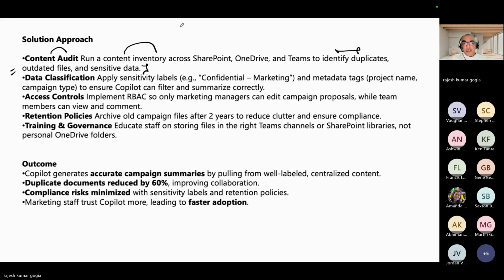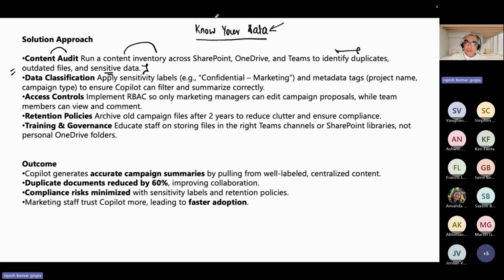Why? Because before we can go with classification, most importantly, we say know your data. It is not a simple term. It carries a very important meaning: know your data. If I'm able to know what my data is, what type of data it is, it becomes easy for me to figure out whether it is sensitive or not.